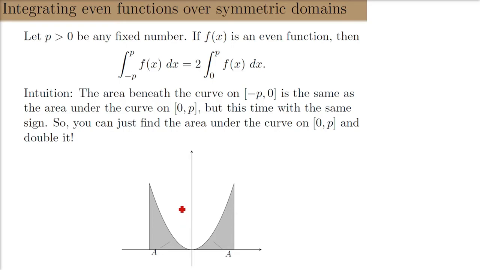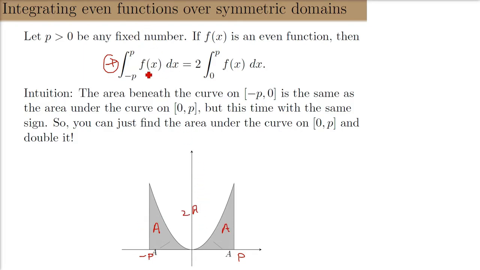Now in the even case, even functions are symmetric. That is, if one area is A, the other will be area A. If you take the integration from negative p to p, that is minus pi to pi or minus 2 to 2, it will be adding. Integration is just adding, so you are adding these two areas. This will be 2A.